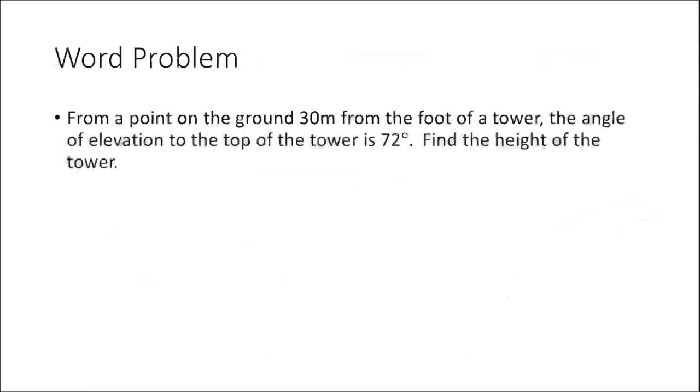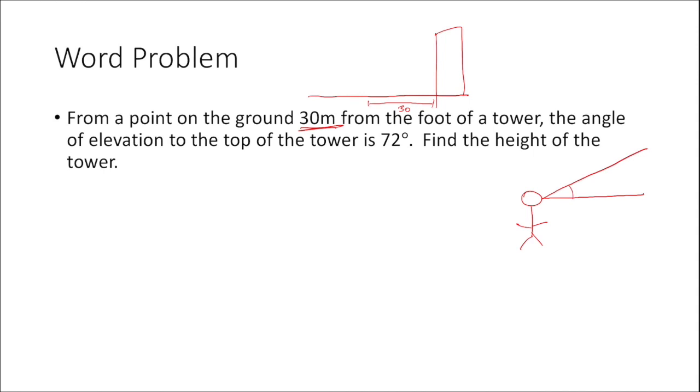Of course, it wouldn't be complete without giving you a word problem. From a point on the ground, 30 meters from a tower, the angle of elevation... So the first step is we have a ground and we have a tower. Now, what does angle of elevation mean? If I'm a human, I can look straight.